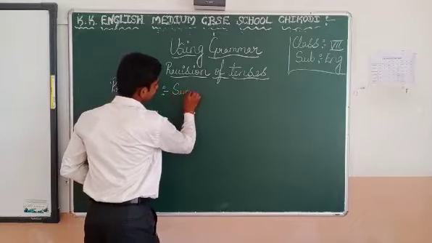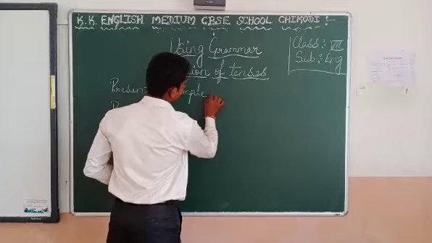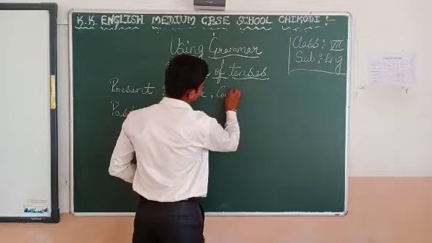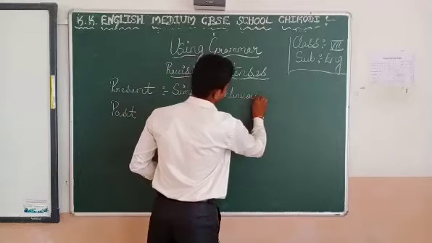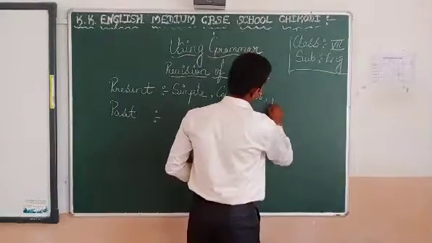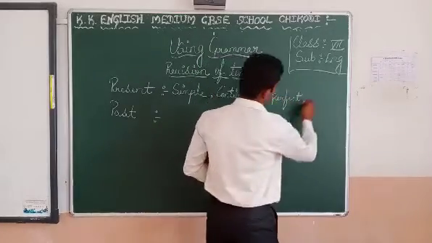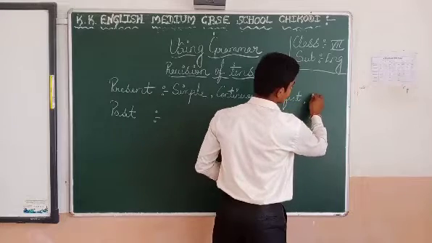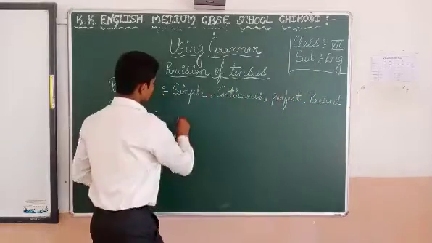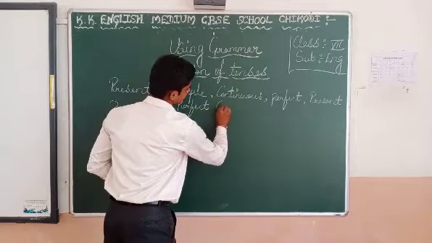Here we have simple present tense, and again we have present continuous tense, and again we have present perfect tense. Okay. And at last, present perfect continuous.